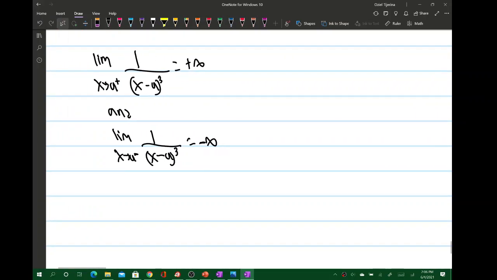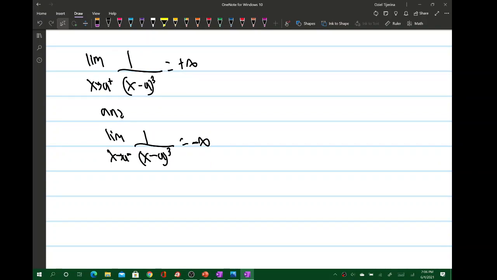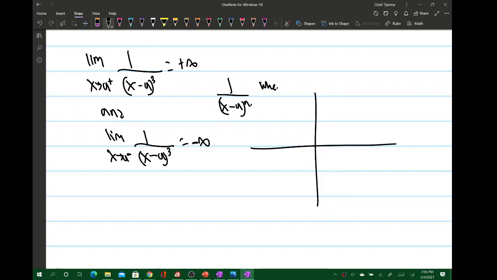That is because, for example, it doesn't have to be 3, it can be 1 over (x minus a) raised to the n power, where n is odd.